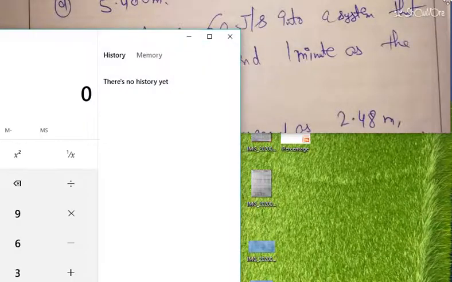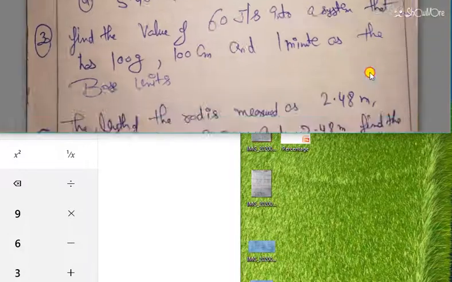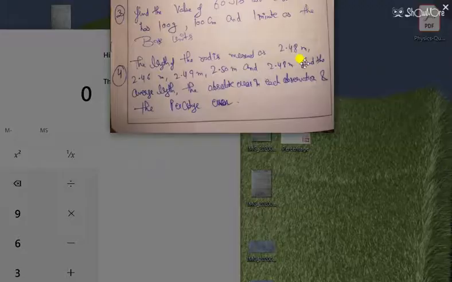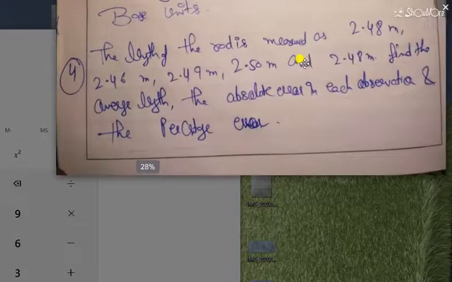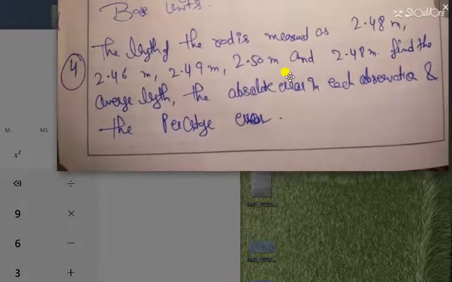So we are available with the calculator. So students, in the question that is given, wait for 1 minute. So the length of rod is measured as 2.48. So when I have to find the average length I will simply add them.